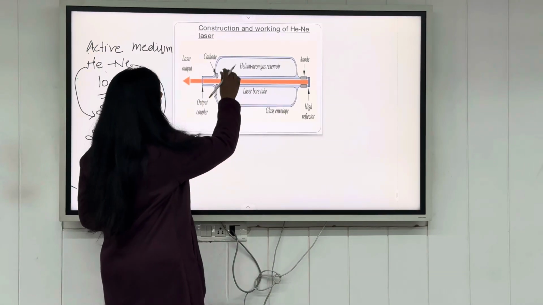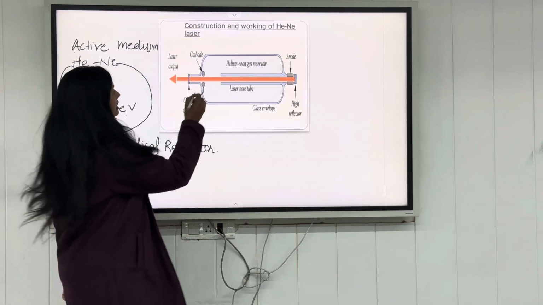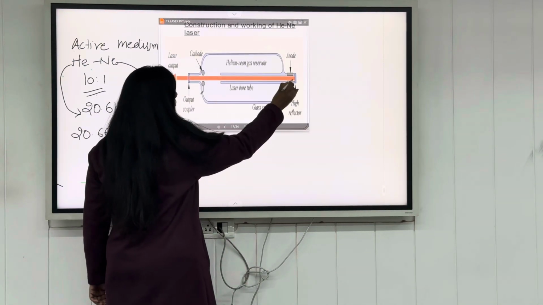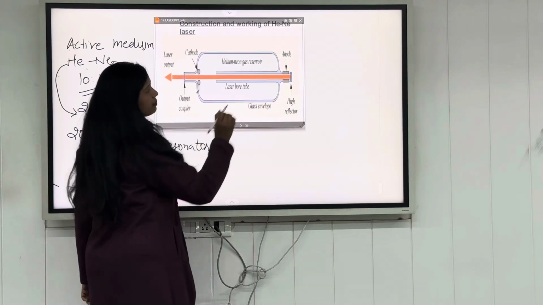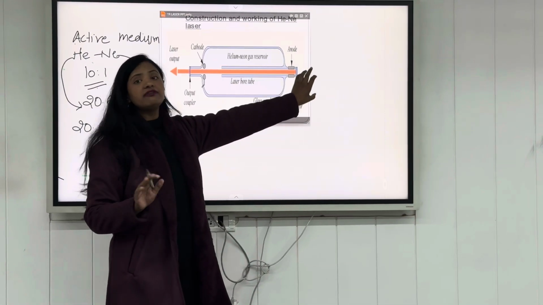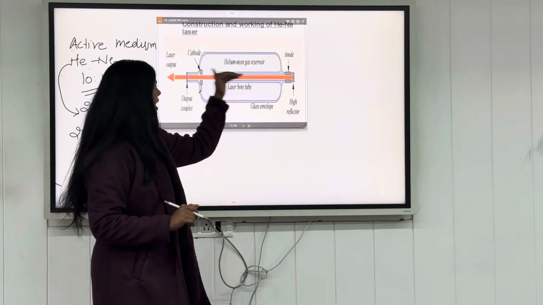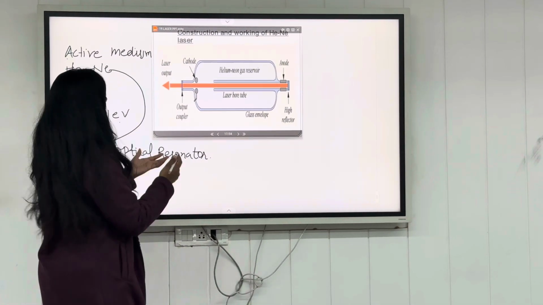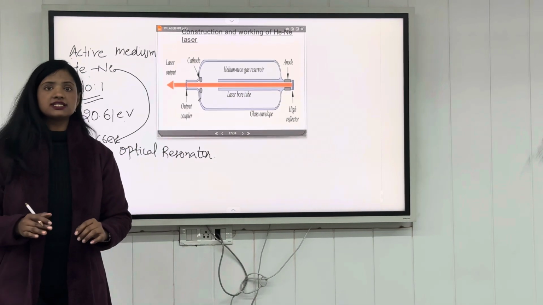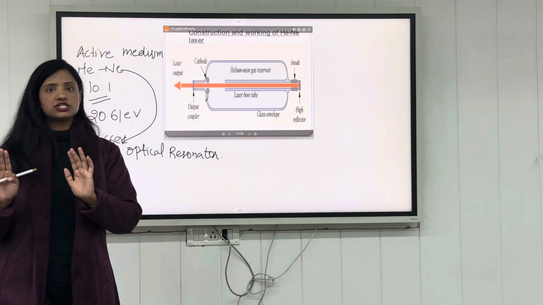When laser light is emitted, it will go back and forth, and it will not escape from here, as it is the fully reflective part. So it will go back and forth, and it will amplify the light. That we have studied in the definition of laser, that is light amplification by stimulated emission of radiation.